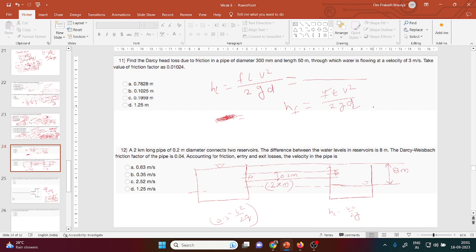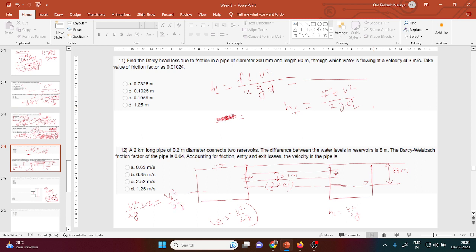Or you can take the V square by 2g, and you take the Z1 plus, in the another case, V2 square by 2g.